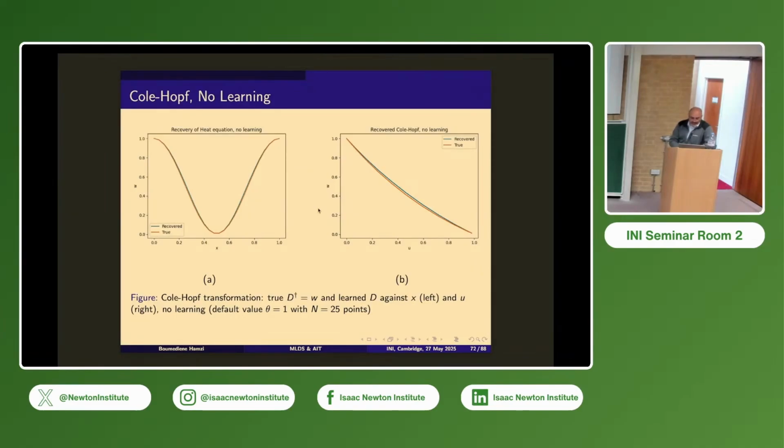We got good results. We recovered the heat equation, true versus approximation, and also the Cole-Hopf transformation, true versus approximation, using kernel methods. Here we are not using kernel methods to reconstruct the solution. We are using kernel methods to find the transformation that maps a nonlinear PDE to a linear PDE.